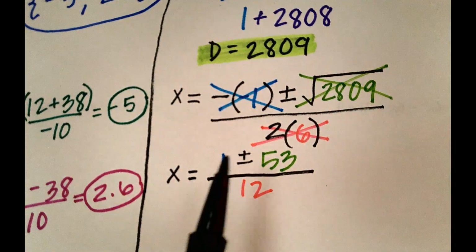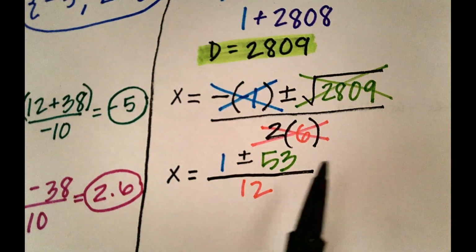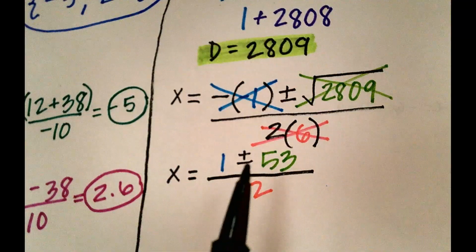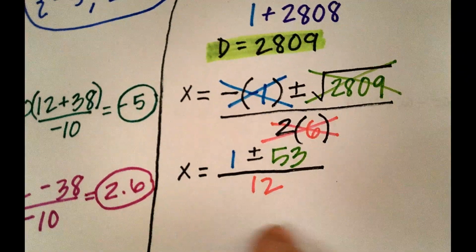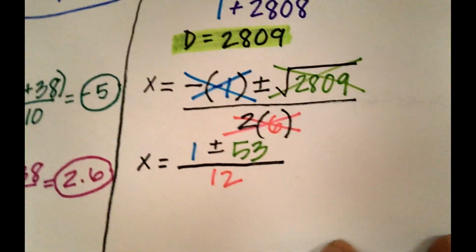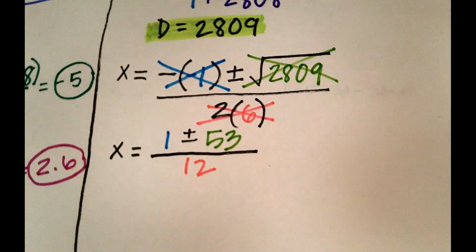Wow. I have just 3 numbers, a plus or minus, and no other weird symbols like parentheses or square roots. So once I've reduced my problem down to just 3 numbers, now we do our split.